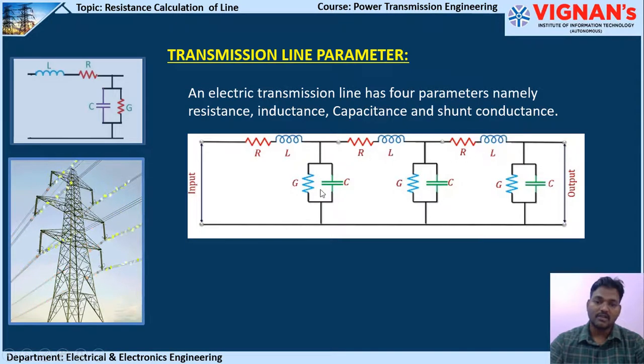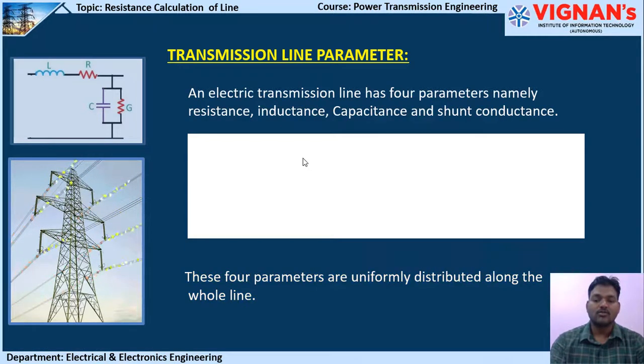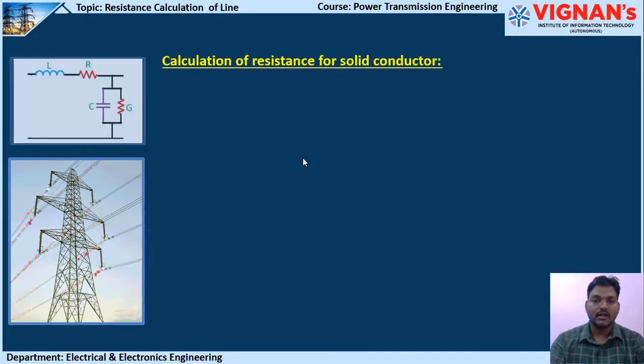And there are shunt parameters, shunt conductance and shunt capacitance, between the lines or between the line and the ground. Though these parameters are distributed throughout the conductor, for our analysis we will assume that they are lumped at one place, so the circuit analysis will become easy. So there are four parameters that are uniformly distributed throughout the line.